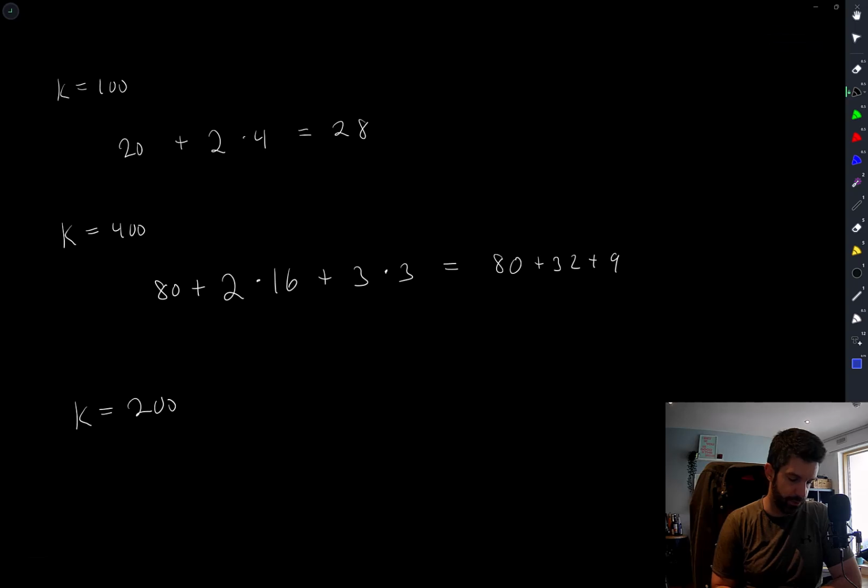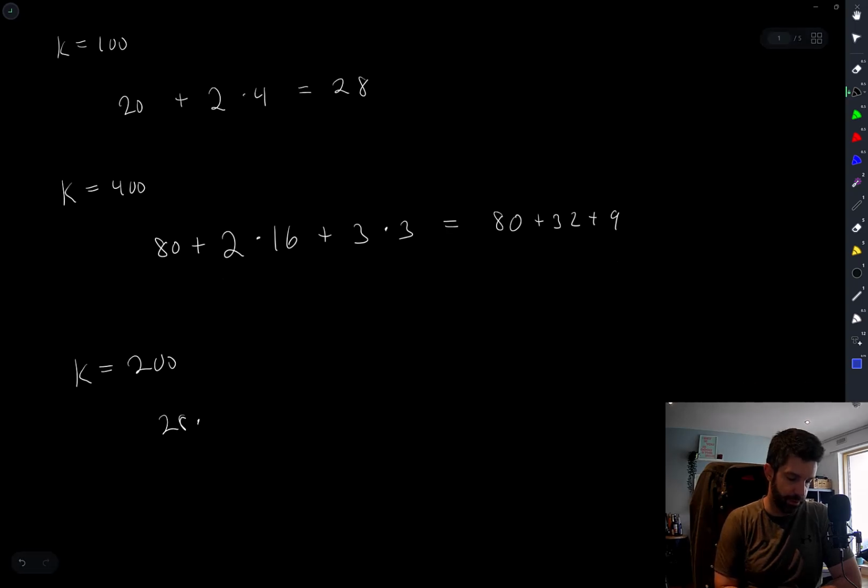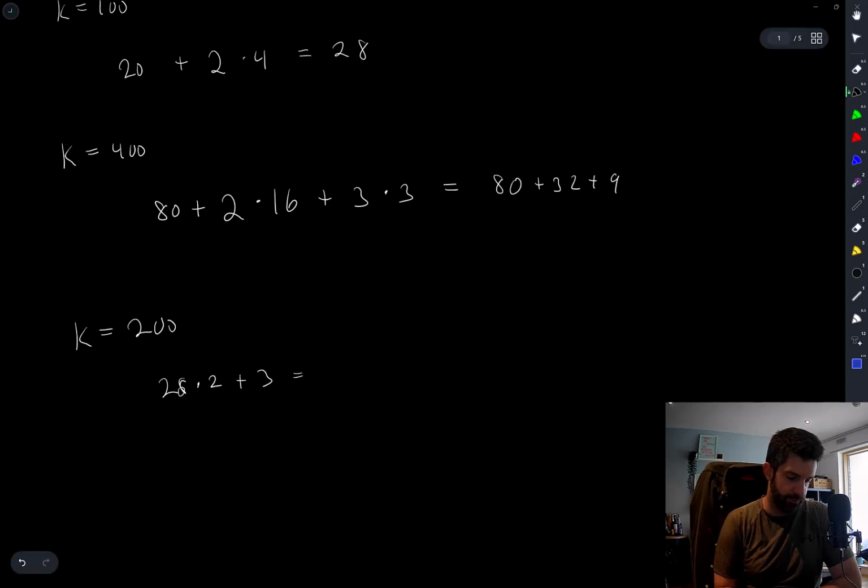So this gives me 28 times 2 plus 3, which is 56 plus 3, which is 59.